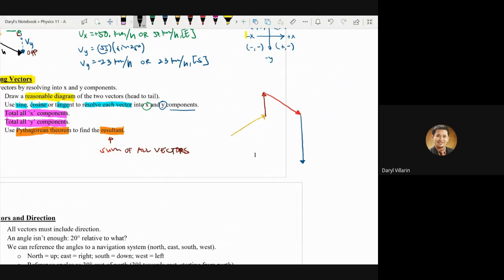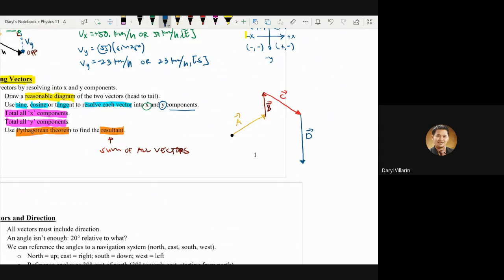This is an important thing, because most students will miss this one. So this is your first vector, this is your A, B, C, and then D. If I'm going to add everything, this is how I add using diagrams.